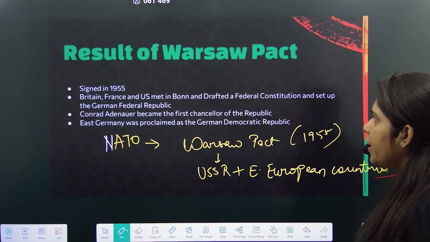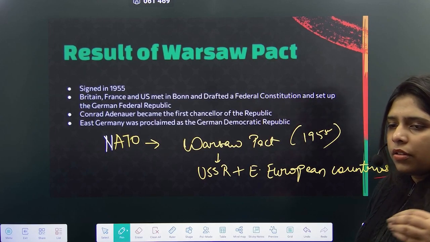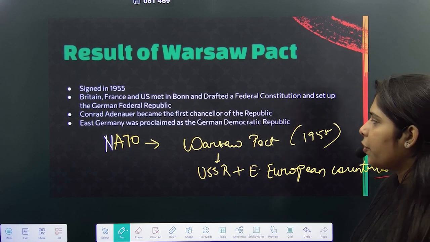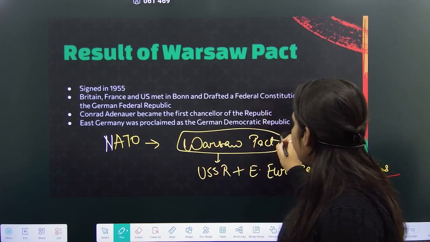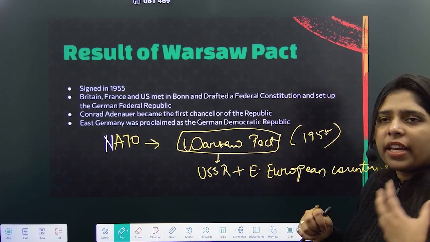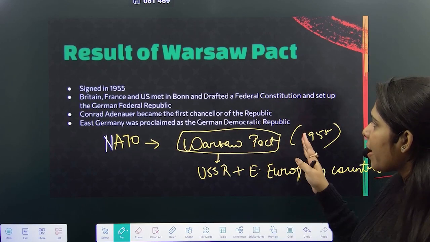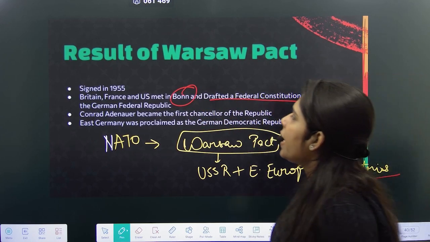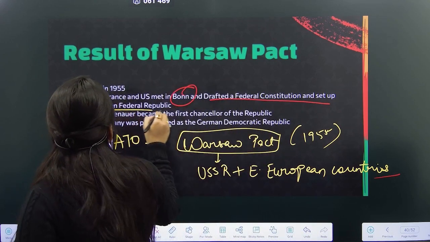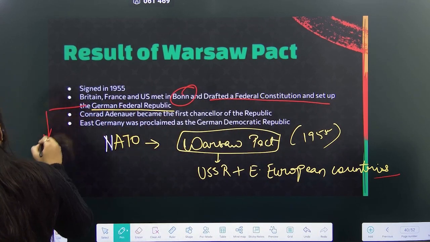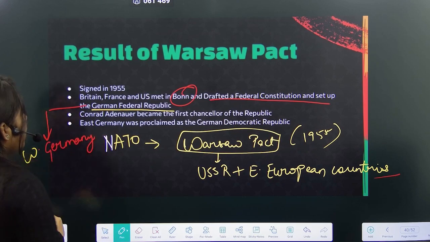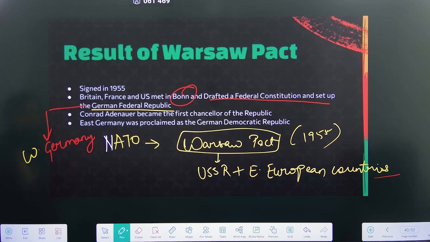As a result, on one side Nikita is saying that we're trying to change our outlook towards all of you, and on the other side they're also signing the Warsaw Pact. So Britain, France, and the US were very apprehensive about this entire situation, and they met in Bonn, drafted a federal constitution, and set up the German Federal Republic in West Germany, where Konrad Adenauer became the first chancellor of the republic.